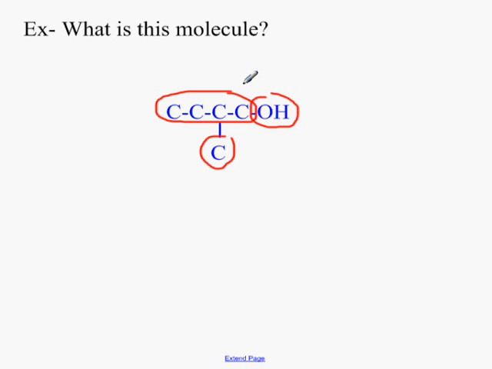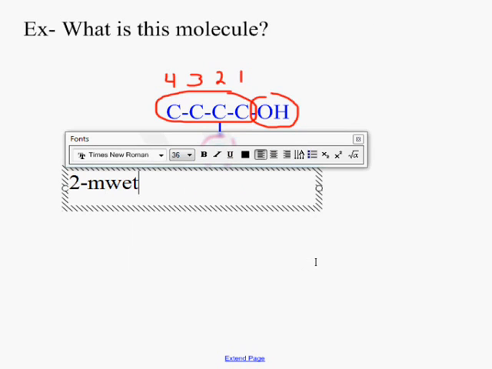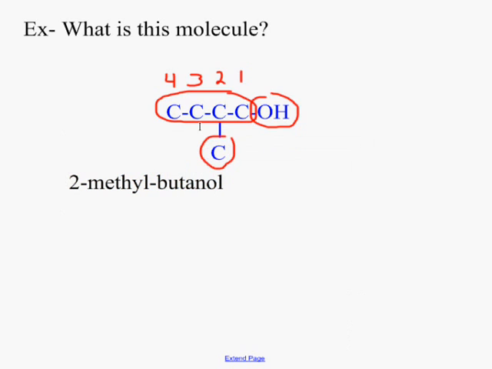So this is the important functional group, so we'd go 1, 2, 3, 4, right? Okay? So this would be butanol, and you have a methyl coming in here at carbon 2. So here's how you write it. 2-methyl, and then the 4-carbon chain is butanol. So if this wasn't here, it'd be butanol, but because you have it here, it's 2-methyl butanol. Okay, very good.